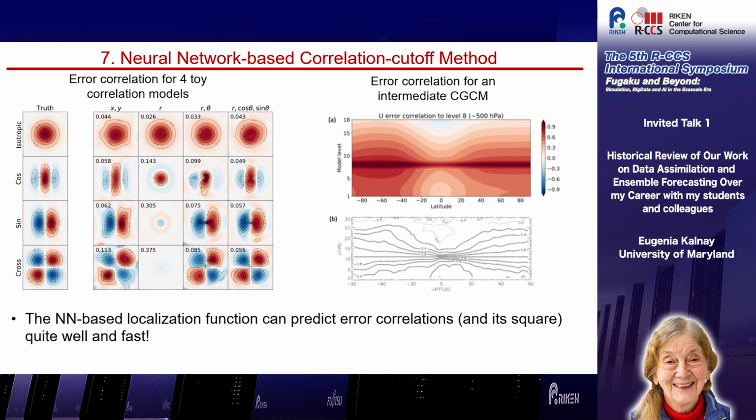For the 4 toy error correlation models that simulate correlation between geopotential and winds, the neural network predicts the value and sign of error correlation correctly when verified against true values. In addition, the error correlation of zonal winds predicted by the neural network shows similar structures as those acquired from the NMC method.